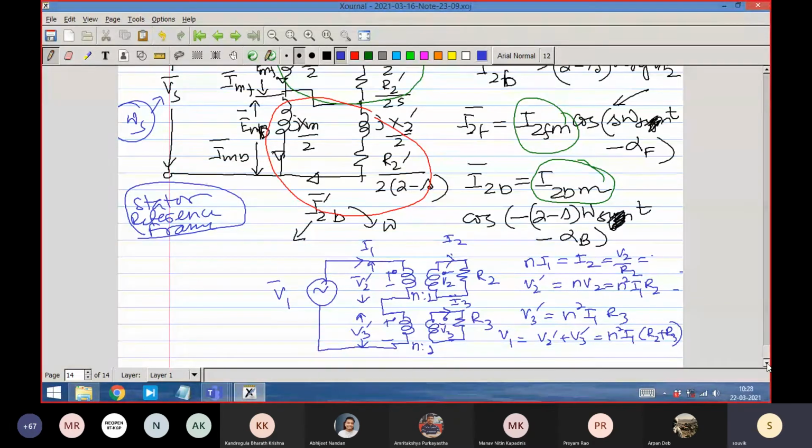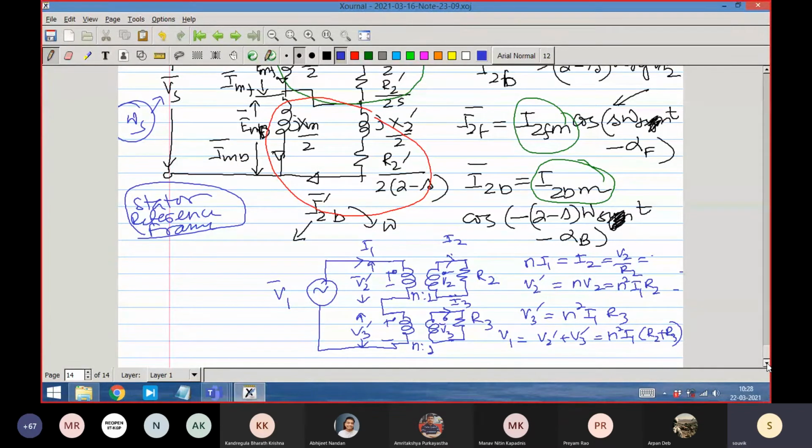Since there are two such frequencies created in the rotor. Point is, I am trying to say that we should develop critical thinking. It is very easy to look at the equivalent circuit and half learn things, that everything is at the same frequency. Yes, in the equivalent circuit, everybody is at the same frequency. Otherwise, it cannot be an equivalent circuit.